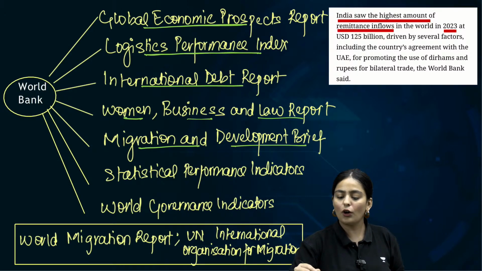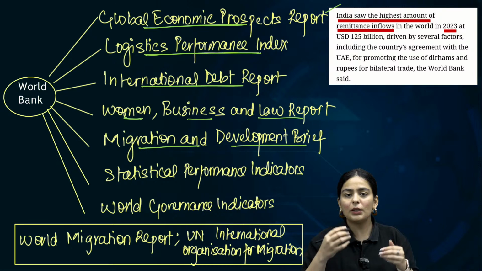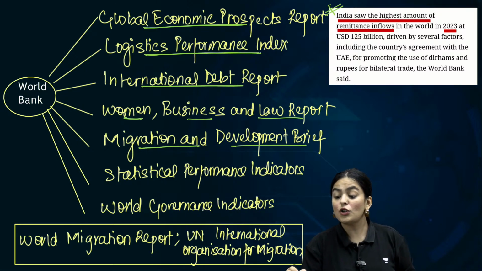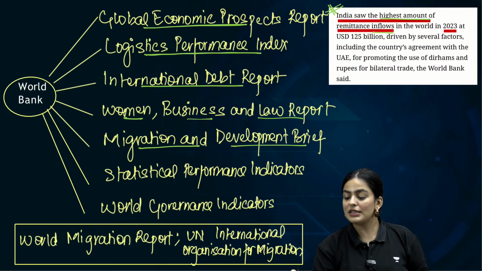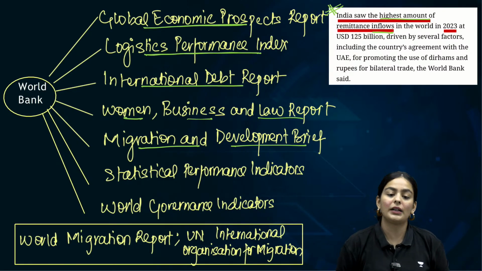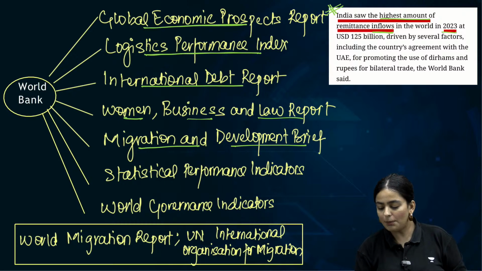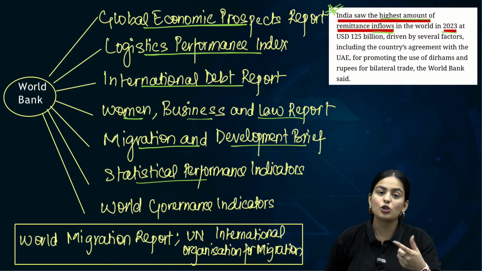Can you see these kind of news that generally we see in the whole year? India saw the highest amount of remittance inflows in the world in 2023. That becomes important in the context of Migration and Development Brief. Statistical Performance Indicators is also World Bank.